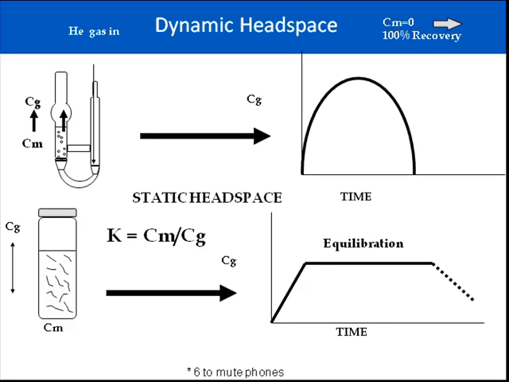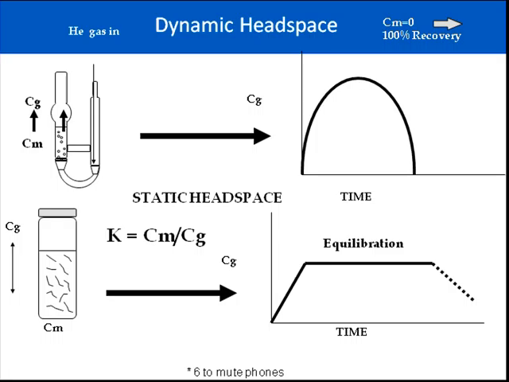Hence, when you get over to this graph, you can see that over time, the more we purge, the more the analytes will come out of solution and into the headspace and be transferred over to the GC. Eventually, the reason this graph is coming down is that we are getting a 100% recovery of those analytes. The idea is that we purge and get as much of the analyte out of that matrix as possible.